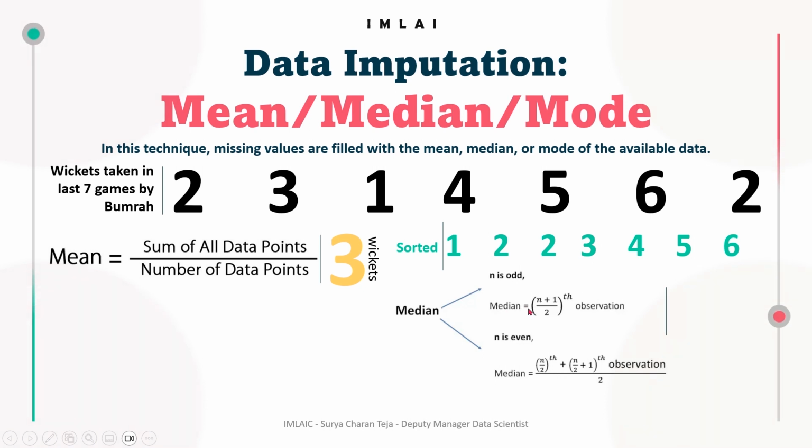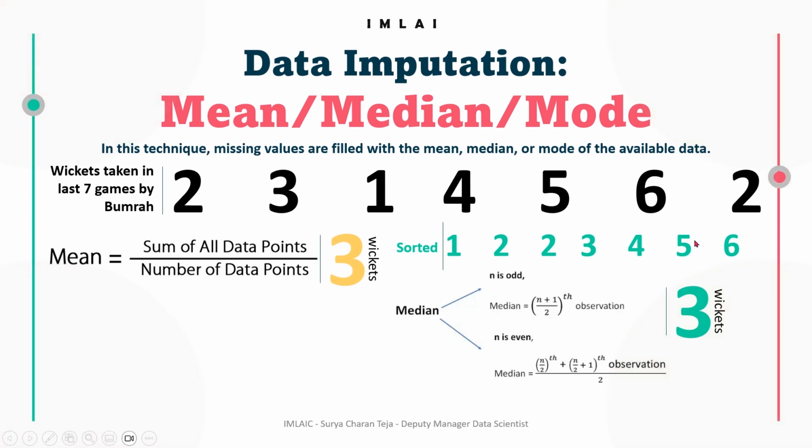The formula is the (n plus 1) divided by 2 observation. In this case, 7 plus 1 divided by 2 is 8 by 2, that's the fourth observation. So my median for this data set is 3 wickets.